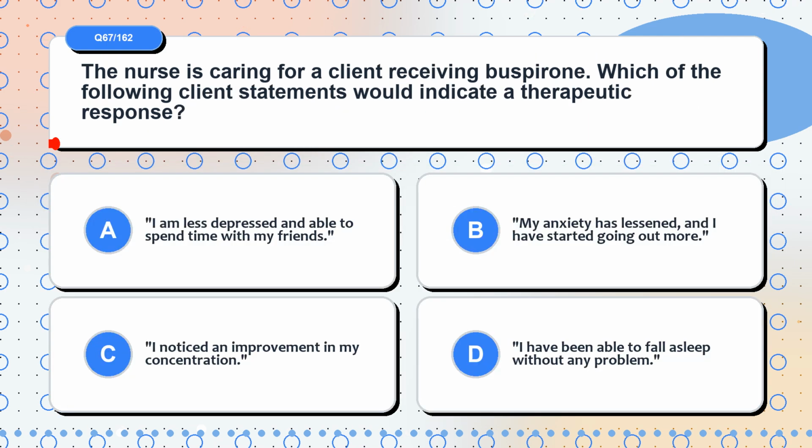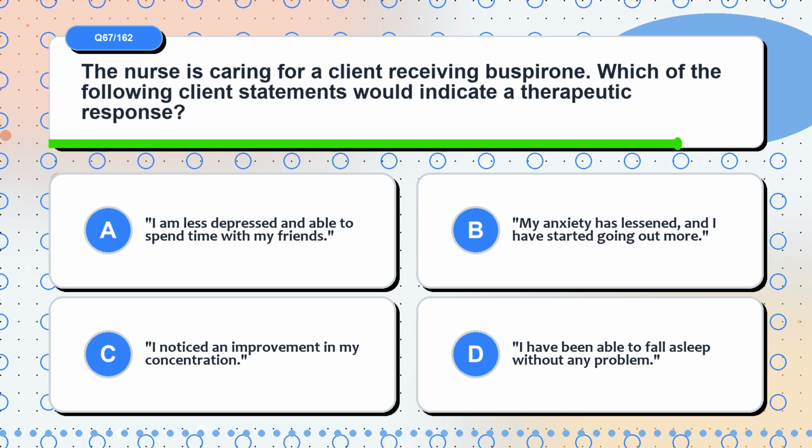Question 67. The nurse is caring for a client receiving buspirone. Which of the following client statements would indicate a therapeutic response? Option A: I am less depressed and able to spend time with my friends. Option B: my anxiety has lessened and I have started going out more. Option C: I noticed an improvement in my concentration.